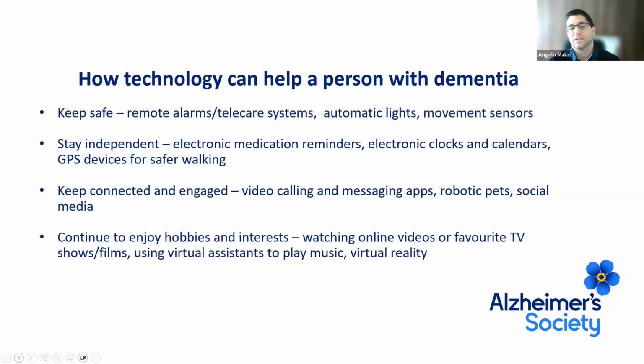This could be things like electronic medication reminders, electronic clocks and calendars, and GPS devices for safer walking. That's similar to what Alex was speaking about with the Apple tags and things like that. But these devices are more sensitive, in that they tell you where the person is right now.